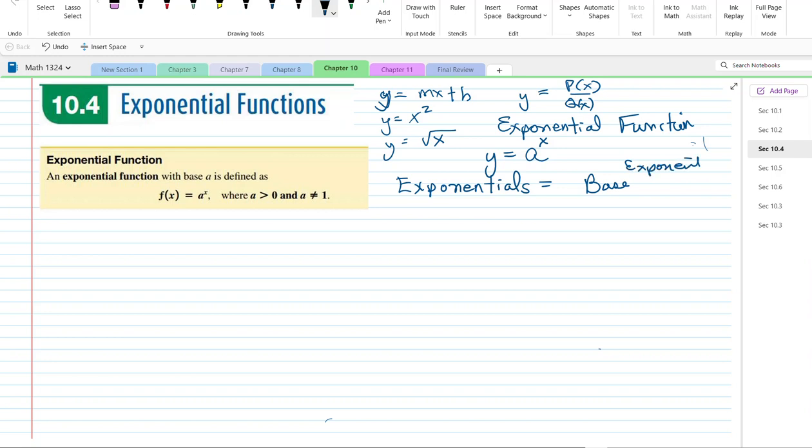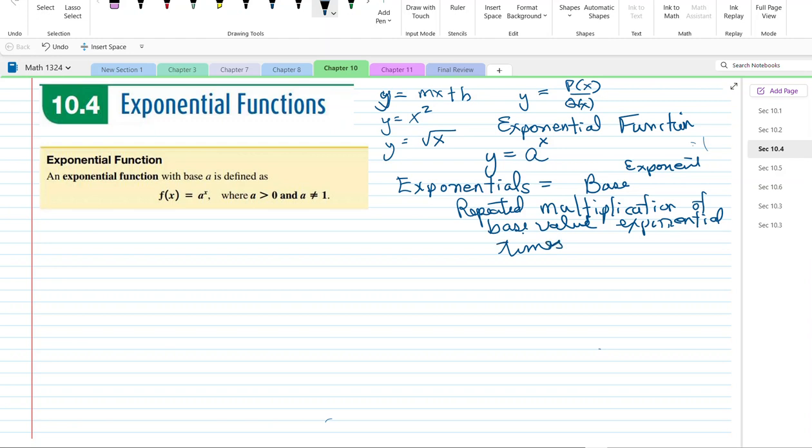And then from that, we know it is repeated multiplication of the base value, exponent times.